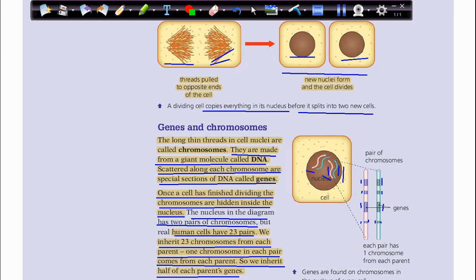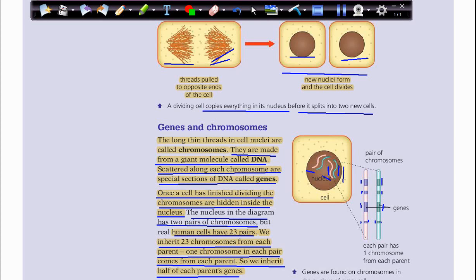And we mentioned this in the previous lesson. We said the sex cells, which are the egg cell and the sperm cell, have one set of genes, right? This is half of it. All the body cells have two sets of genes, which is 23 pairs.